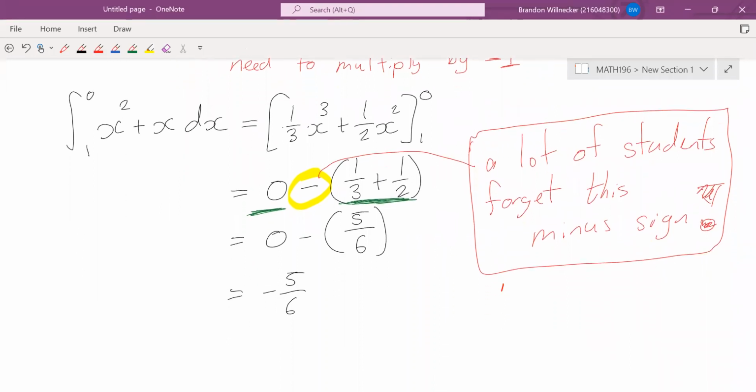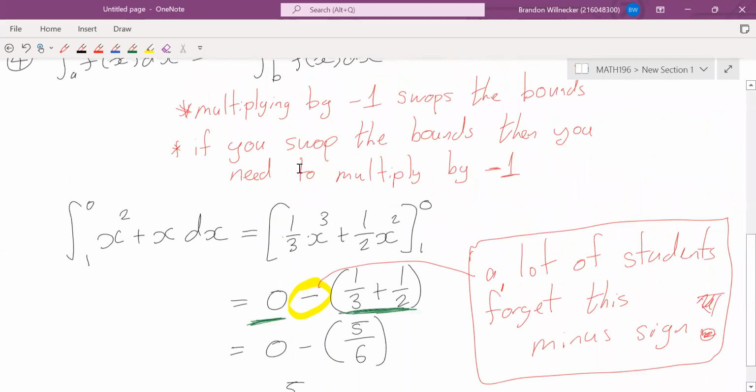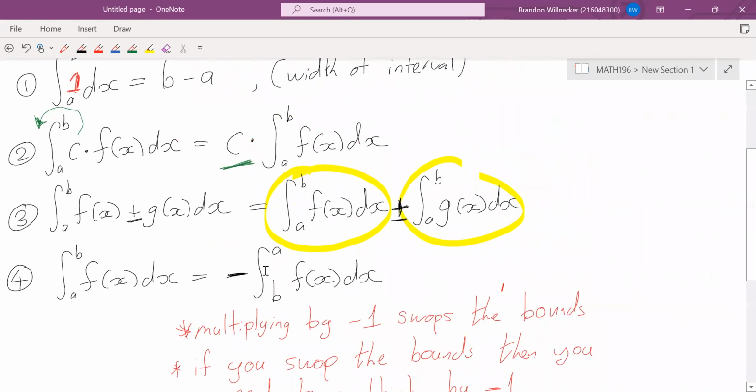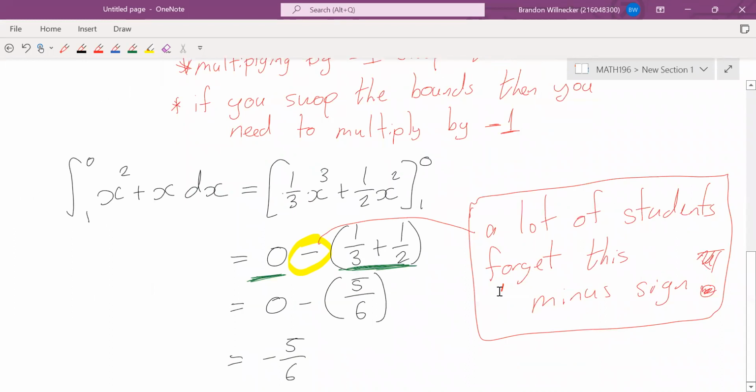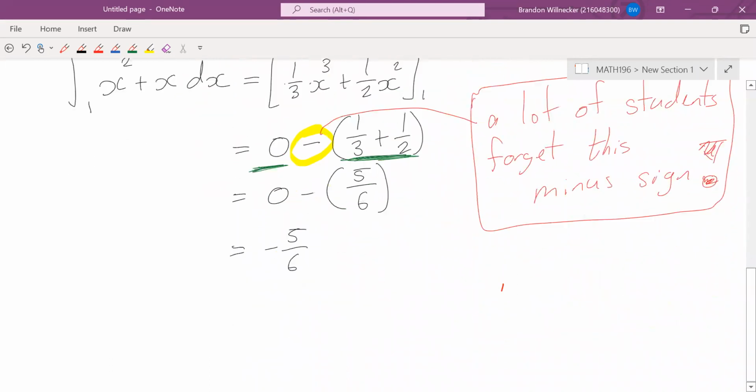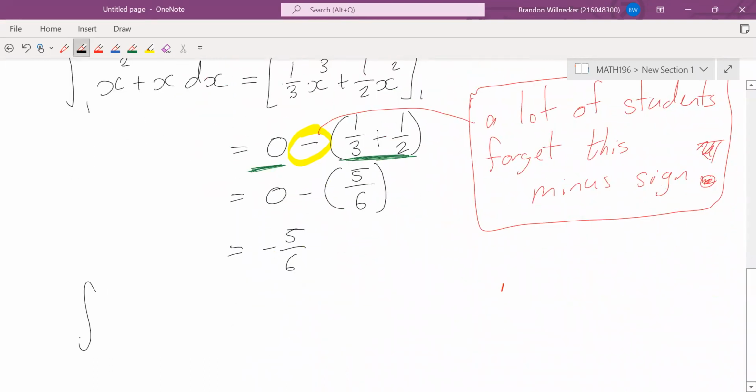Now, let's try doing the other method where we swap the bounds and put the minus sign out in front. So we have the same integral from 1 to 0 of x squared plus x dx, equal to, but now I'm going to swap the bounds.